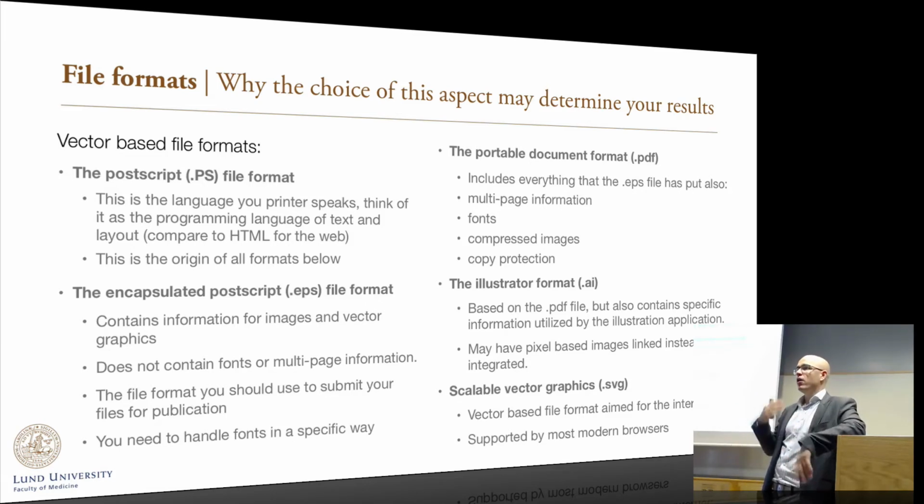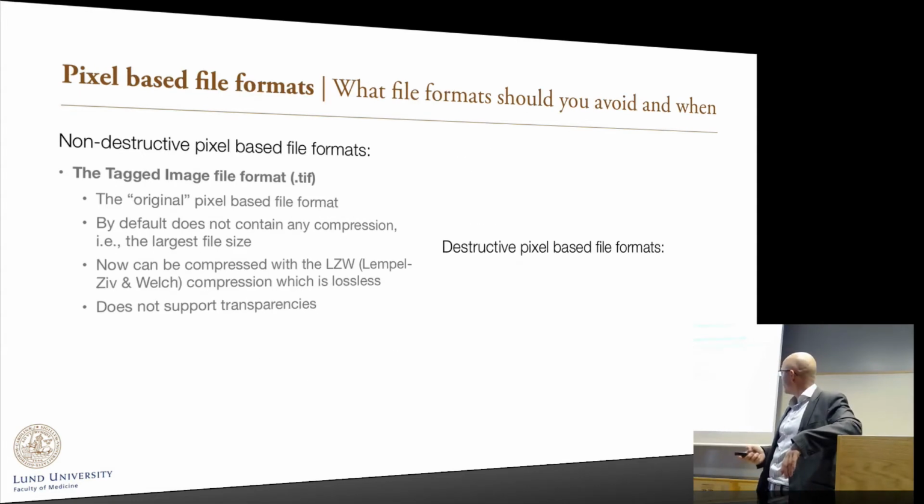So we can have on a home page scalable vector graphics being inserted just like it was a pixel-based graphic. And this one is now supported by most of the browsers. And you can actually bring those files into Illustrator and adjust them and play around with them. So that's also a useful format in that sense, but it's not one you want to export to. But I thought it should be here for completeness.